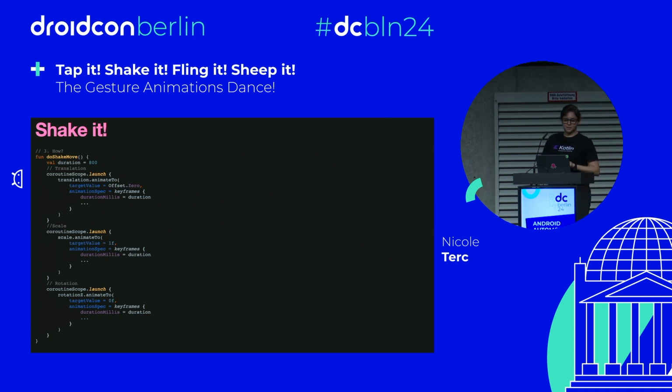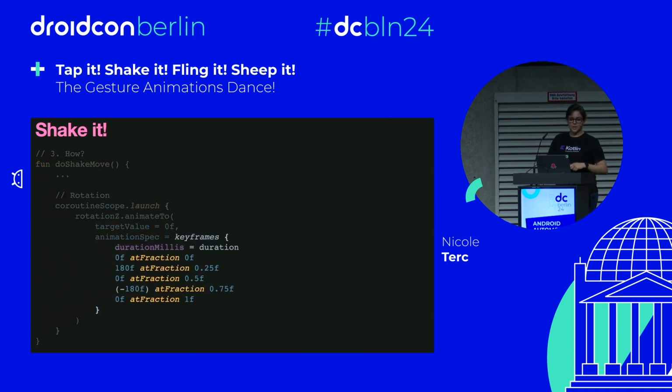But for the sake of explaining how this looks like, let's take a look at how the rotation keyframes will look. All of them follow the same structure. In this case, I am just basically defining keyframes, setting the duration, and for each of these lines I define the keyframe I want at the specific time. So in this case, for example, whenever the fraction is 0 at the beginning, I want the rotation to be 0.